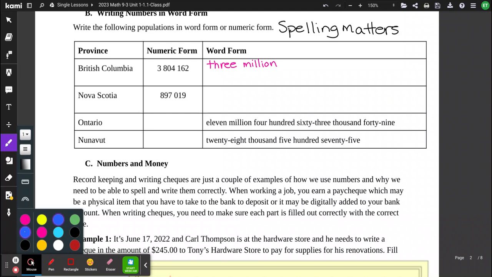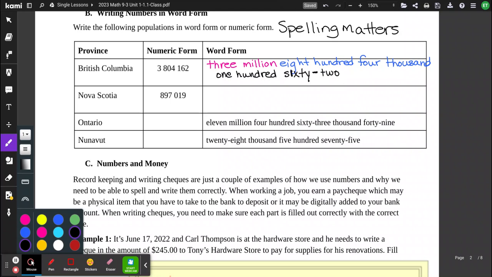Okay, each section I will do a different color. 804, so 804,000. Okay, and then the next section, I've got 162, so 100, and then 60-2, okay, because it's the tens and ones place, so we do need a dash there.